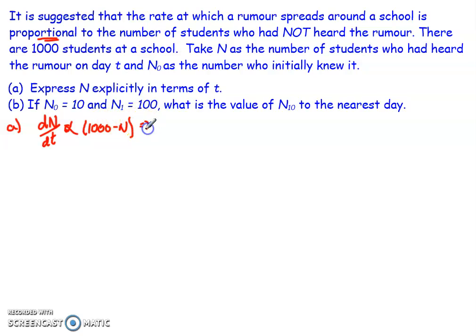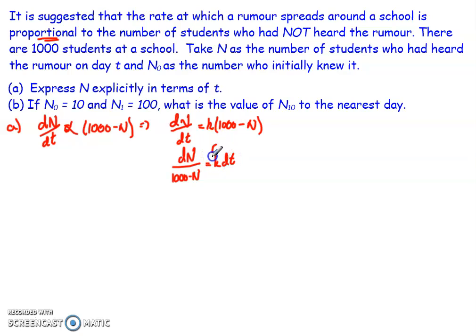So I can then rewrite this as dN by dt equals k times 1,000 minus N. I can use the same set of steps at this point as I did previously, separate it out, and then calculate my solution from there. I'm going to take everything with an N across here, and what I'll end up getting is dN over 1,000 minus N equals k dt.